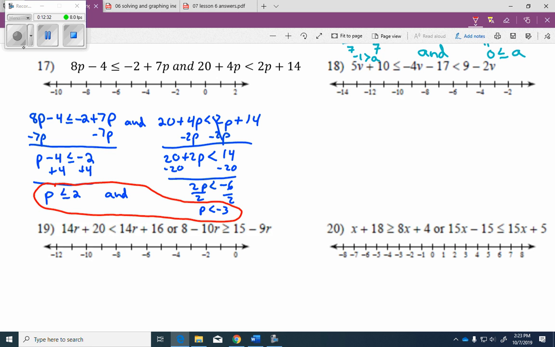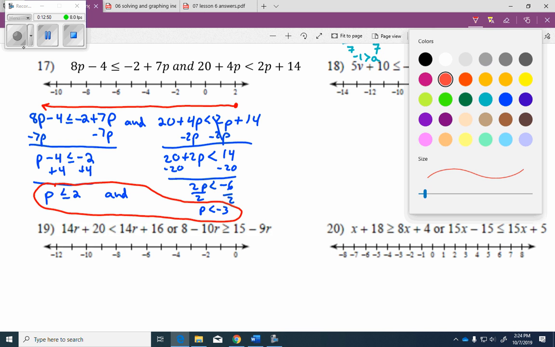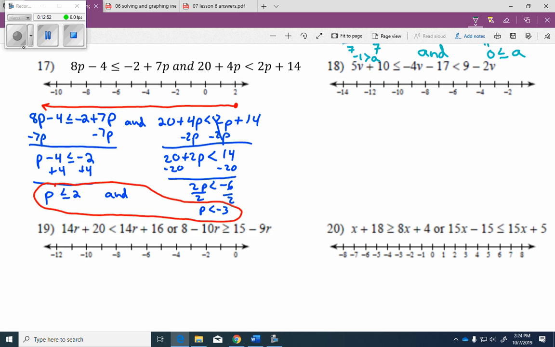So p is less than or equal to 2. Here's 2. It's a closed circle. P is less than, goes that way. And p is less than negative 3. So here's negative 3.